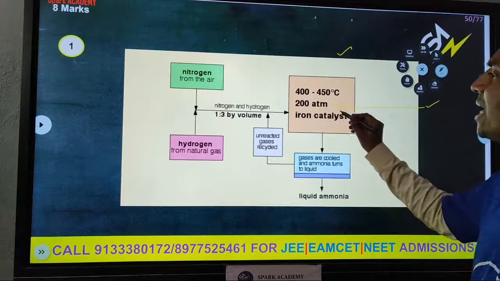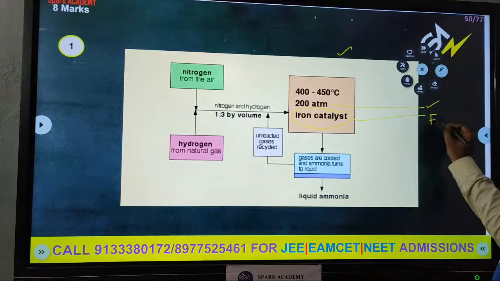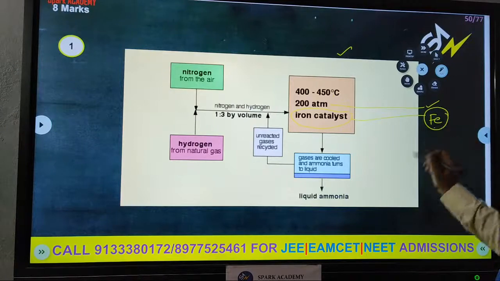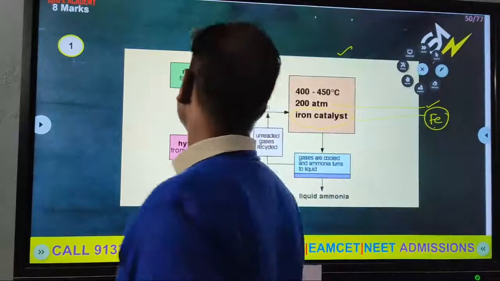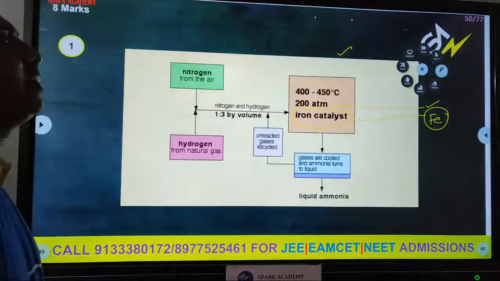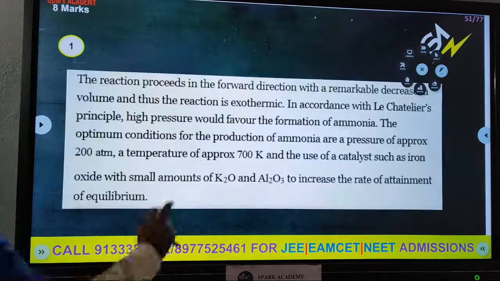Is a catalyst also required? What is the name of the catalyst? Iron. Finely divided iron acts as a catalyst in this reaction. So this is the flow chart explaining the favorable conditions to form the ammonia: temperature, pressure, catalyst. Essential for the manufacture of ammonia.